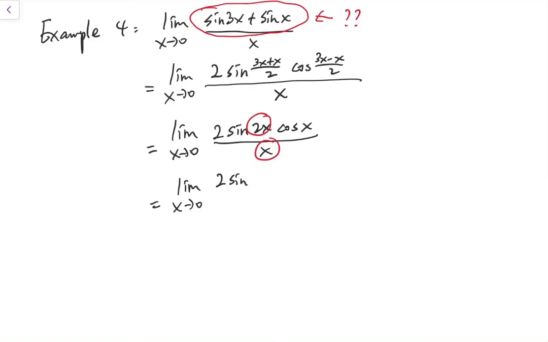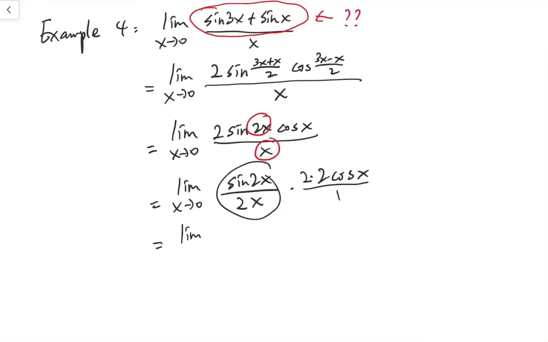Besides the step we just learned before, we can also do it in this way. Just make it sine 2x here and x. So here you get 2 cosine x. And then we multiply 2 here, so we multiply 2 here as well. So over 1, actually you don't need to write the over 1. And then now this becomes 1.